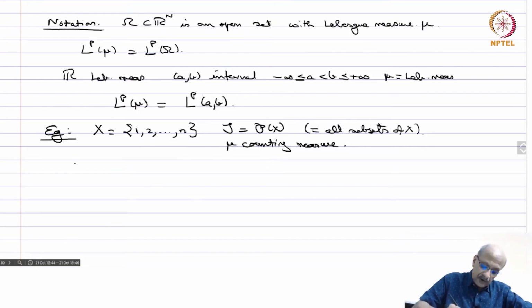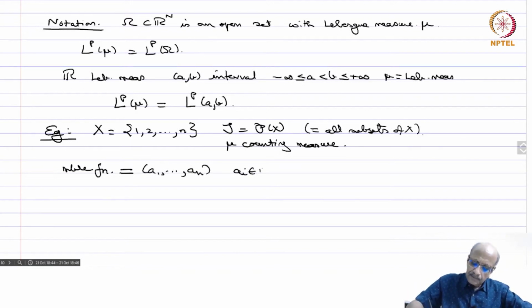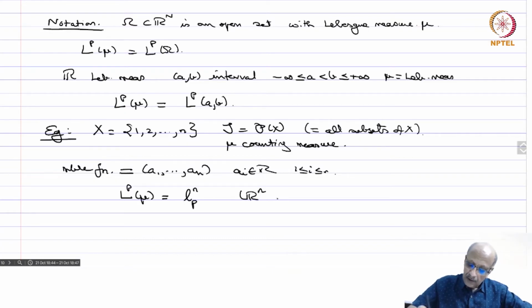So every function is measurable, because we have taken all sets in the sigma algebra, and is identified with the n-tuple a1, a2, ..., an, ai in R. So therefore in this case Lp of mu is nothing but our familiar l^n_p, namely Rn with the norm p, which we have defined here.